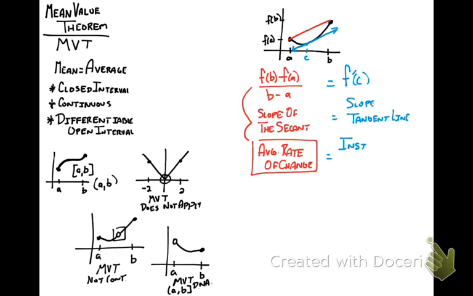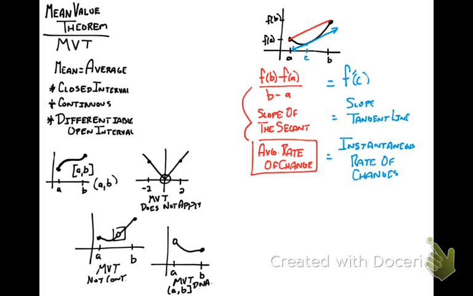What is the rate at which the function is changing at a specific moment in time? Right? Because those two lines would be parallel, their slopes would be the same, which means, since their slopes are simply the average rate of change and the instantaneous rate of change, they will be equal, those two rates.